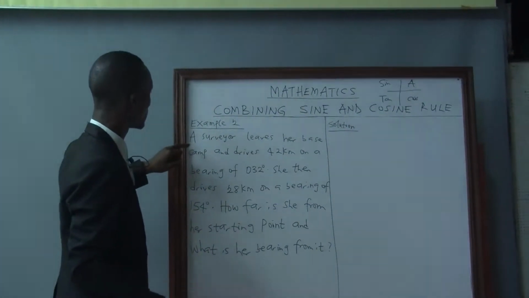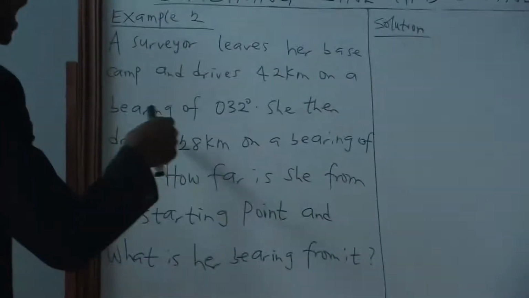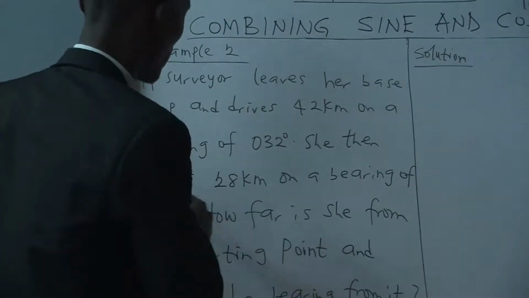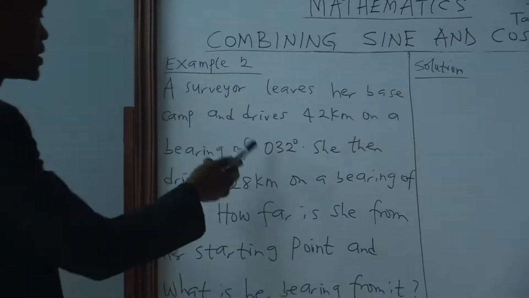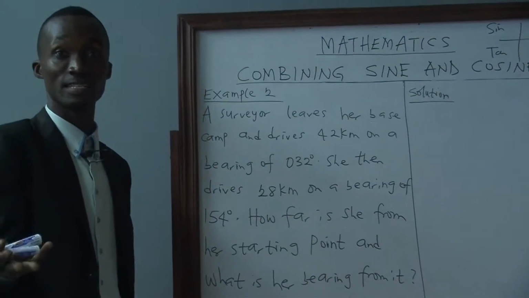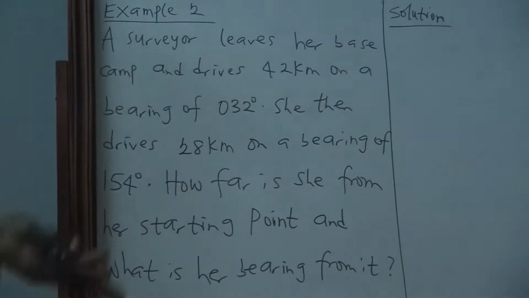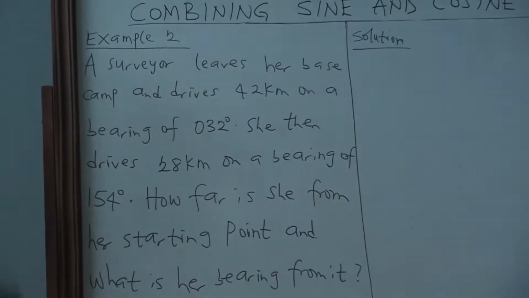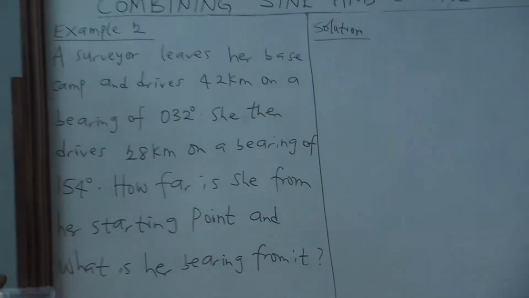The question says a surveyor leaves a base camp and drives 42 kilometers on a bearing of 032 degree. The surveyor A, we can just imagine that as someone that is leaving his or her house and driving through a particular route, covering a particular distance.